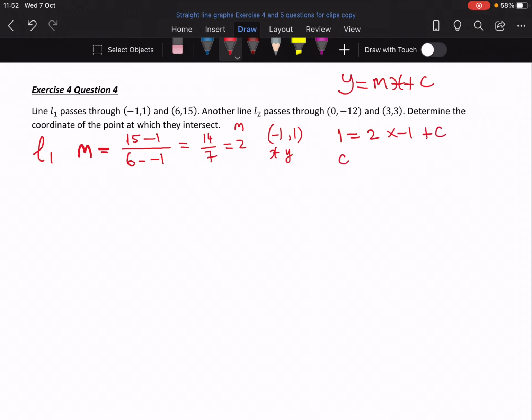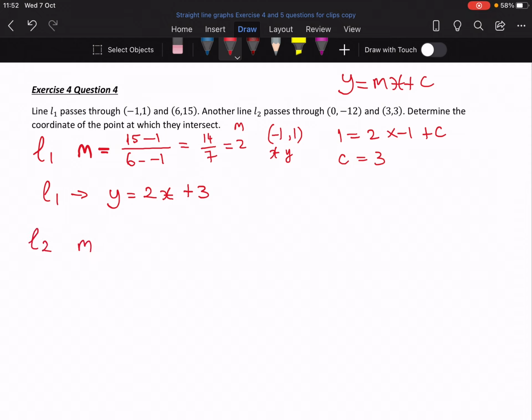So c, if I solve this equation, is going to be equal to positive 3. So the equation of line 1 is y = 2x + 3. That's L1.